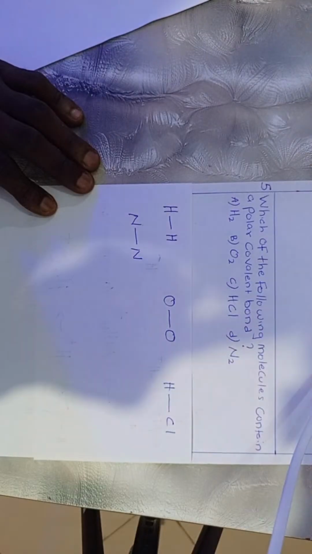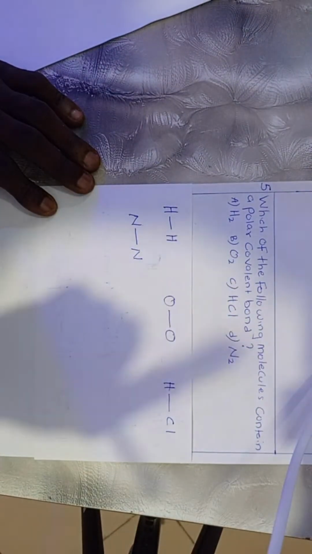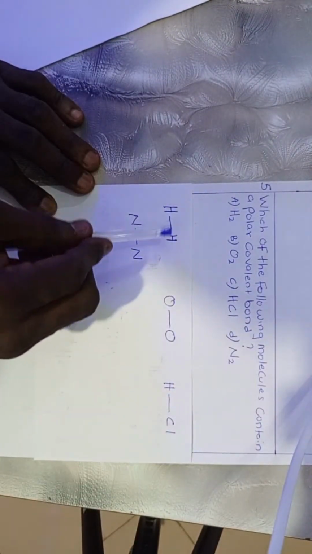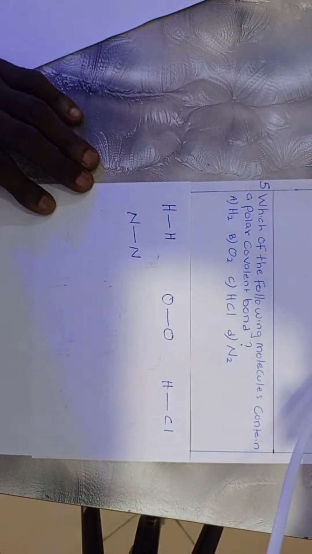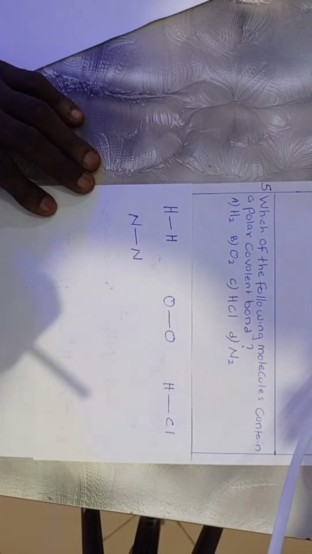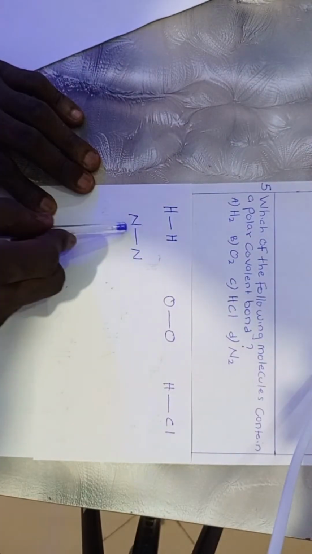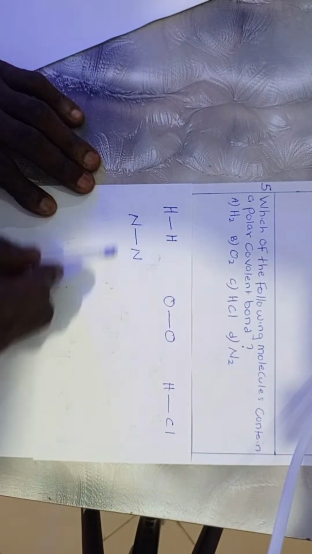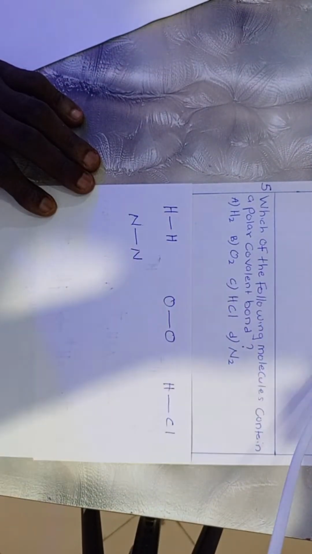Now, it's very important you understand that the type of bonding present in similar atoms is non-polar covalent. So whenever you have a similar atom forming a molecule such as H2, N2, or even O2, this is what we call a non-polar covalent bond.